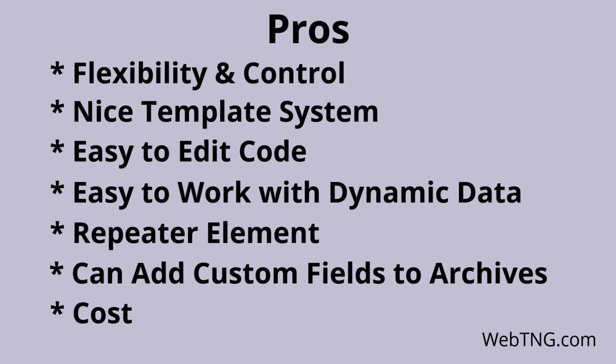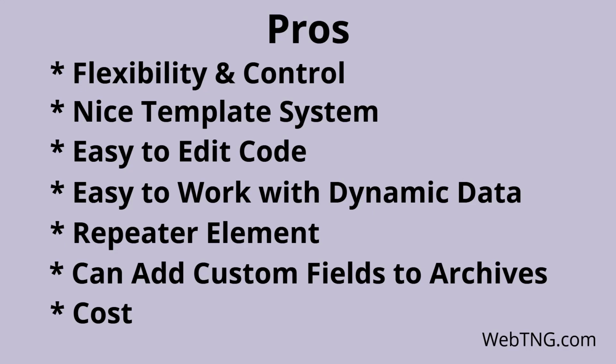It's easy to work with dynamic data, both the default WordPress dynamic data like title and content and featured image, but also custom post type and advanced custom field dynamic data. The repeater element was very powerful and very easy to use.